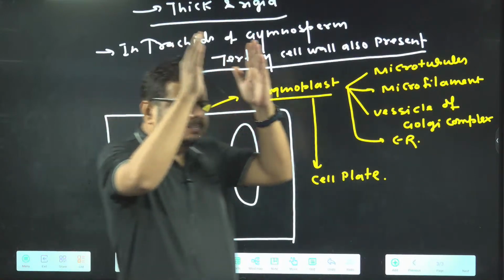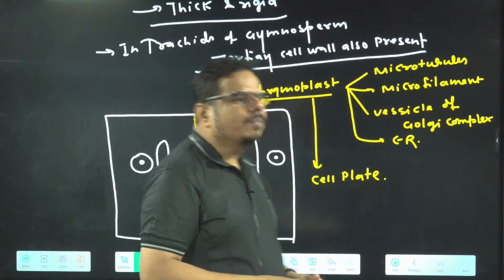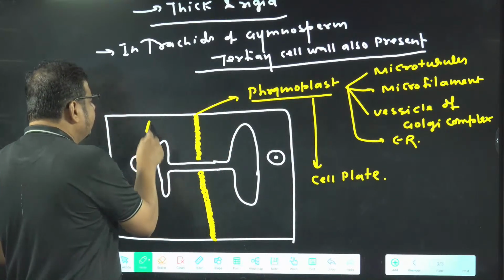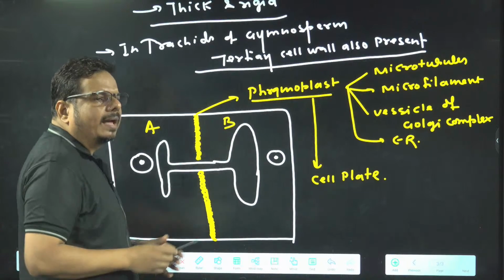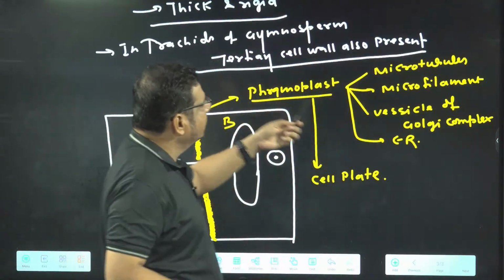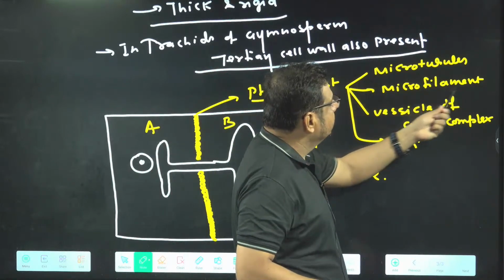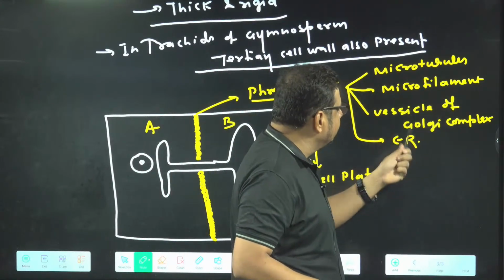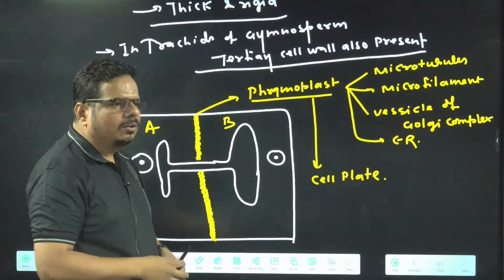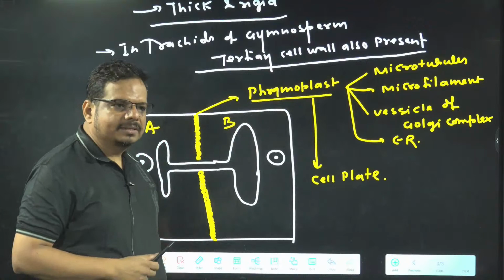So what I am saying, when cytokinesis occurs and a plant cell divides, first of all, what happened? Phragmoplast. Now it is cell A, it is cell B. Phragmoplast assembles between the two cells. And this phragmoplast is made up of microtubules, microfilaments, vesicles of Golgi complex, and ER. All are together contributing in formation of this phragmoplast.